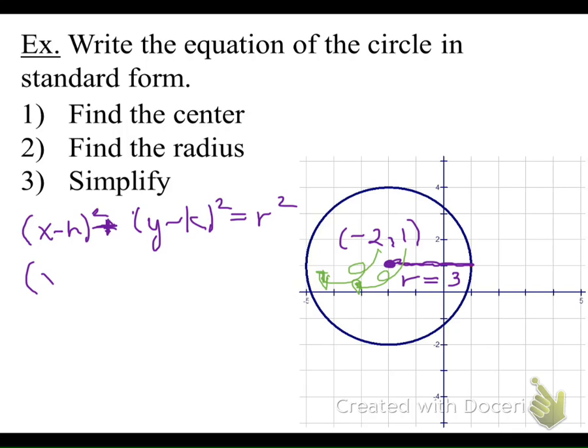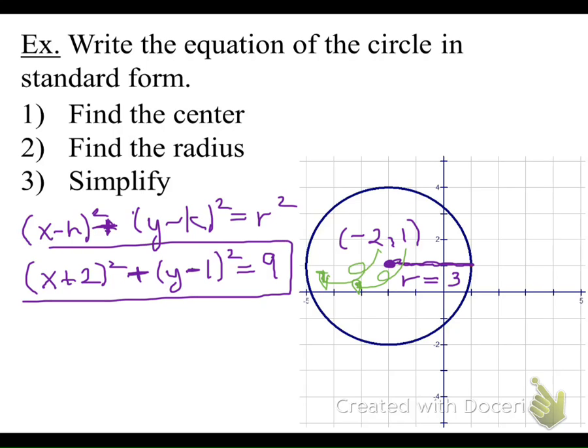That would mean our equation will look like x plus 2 quantity squared plus quantity y minus 1, all of that squared, equals 9, which represents our radius squared. And we just wrote the equation in standard form of the circle that was graphed. Good job.